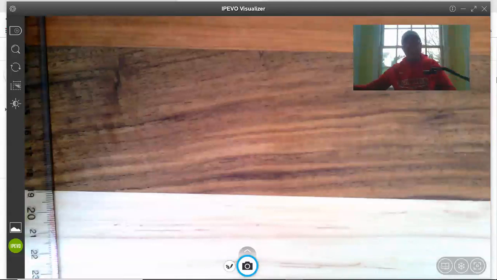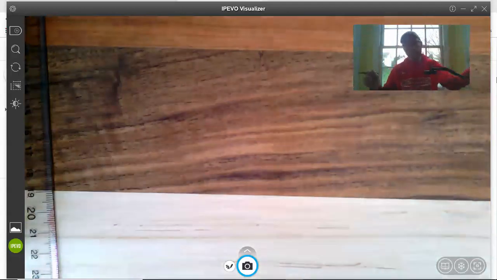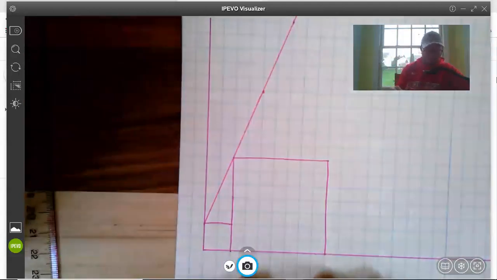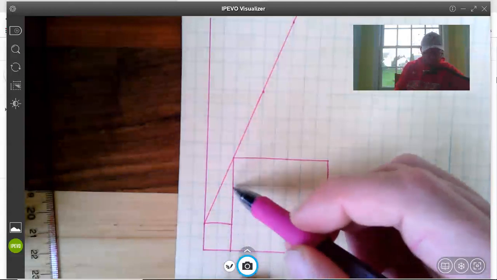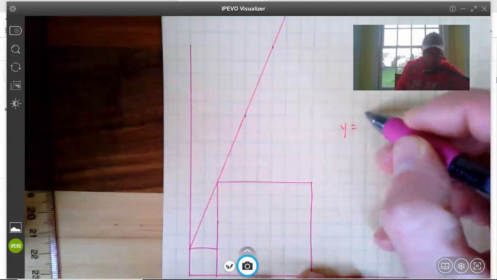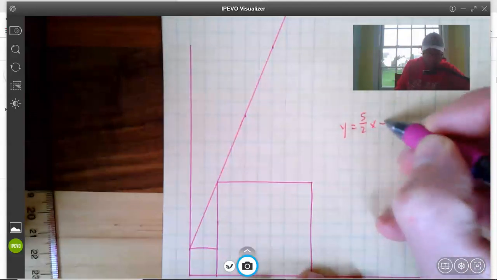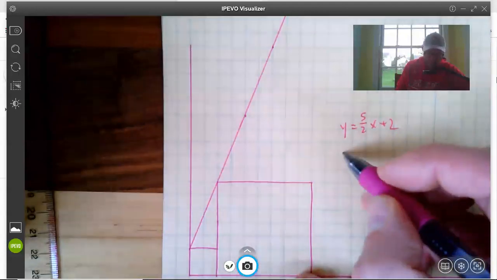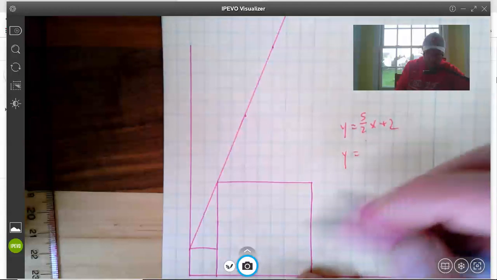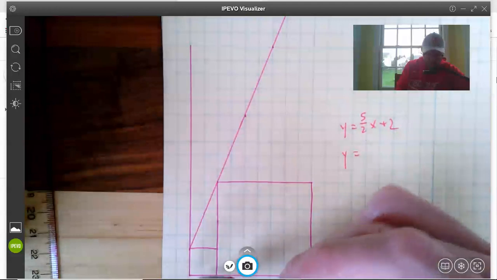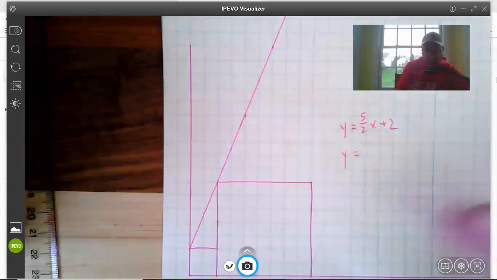All right, next problem, number 2. So this time our squares are 2 by 2 and 5 by 5. So let's see, we have y equals 5 over 2 x plus 2, and plug in 2 and 1, 2, 3, 4, 5, 6, 7, 8, 9.